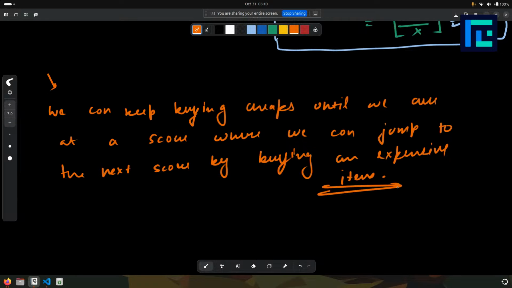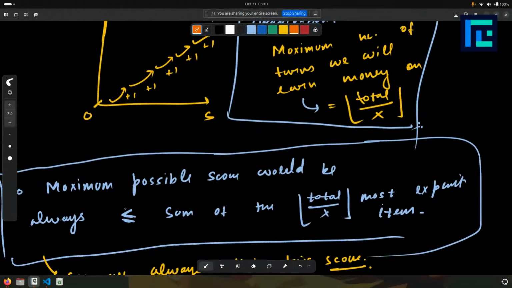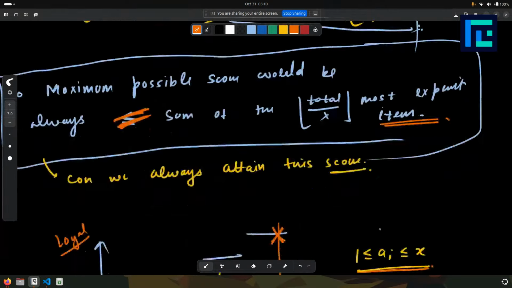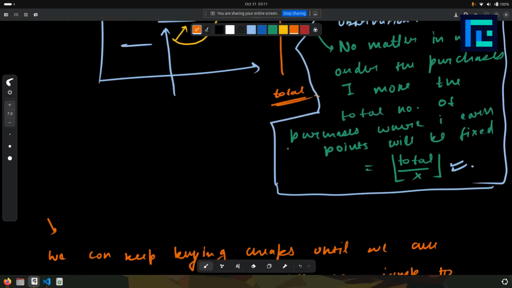And this strategy will give us the maximum possible score equal to this, since we will only be making the purchases with the most expensive item available in the shop, purchases where we earn points, so we would always have this maximum score.